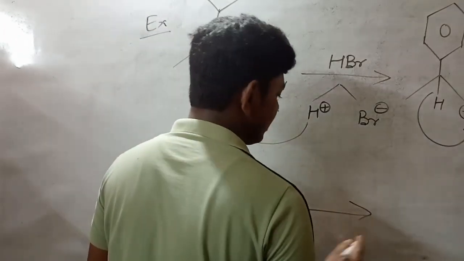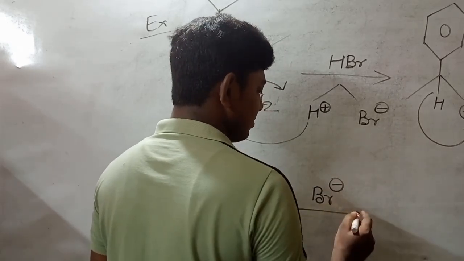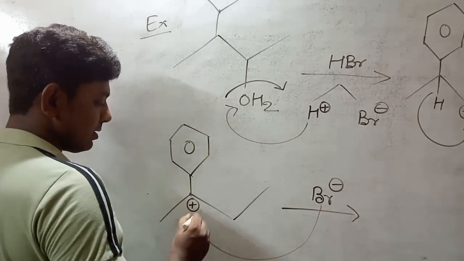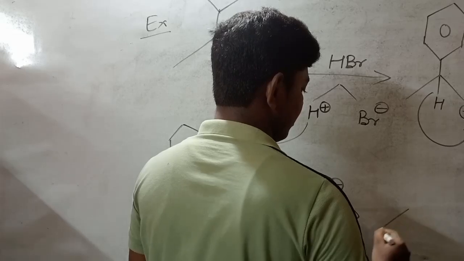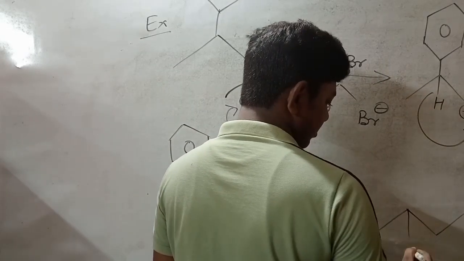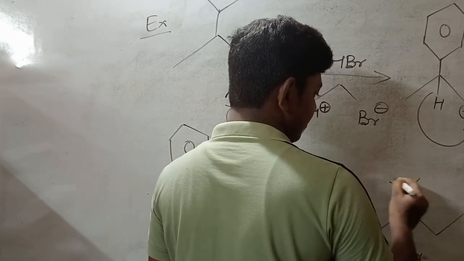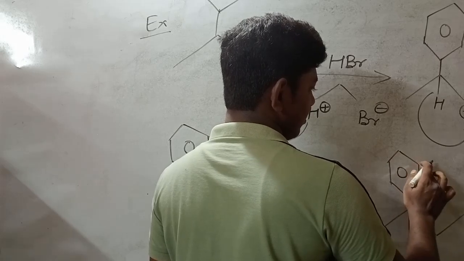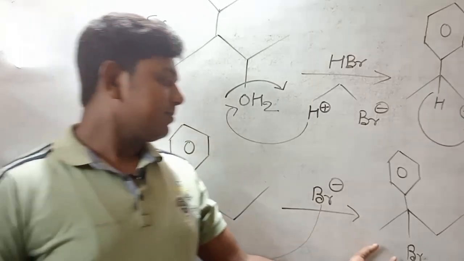After the addition of bromine, the bromine negative attacks the positive charge on the carbon atom. So this is the final product.